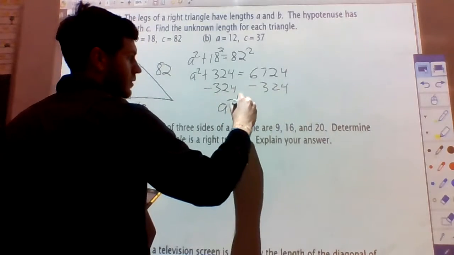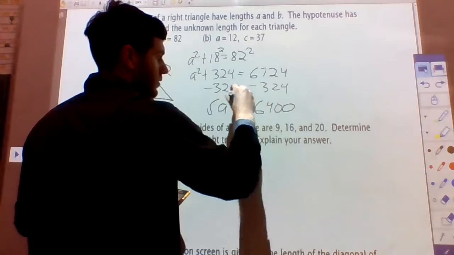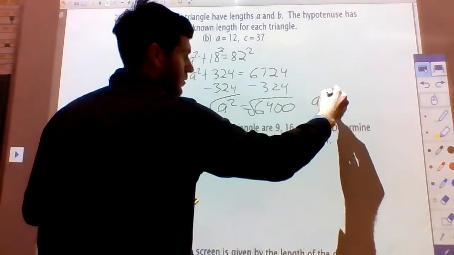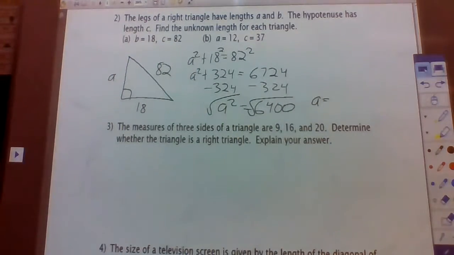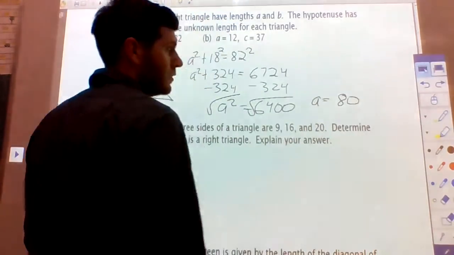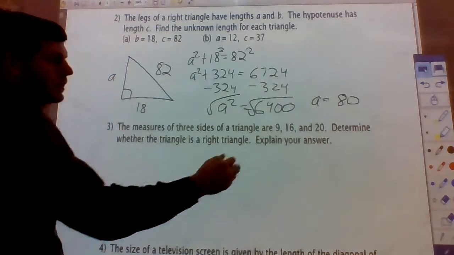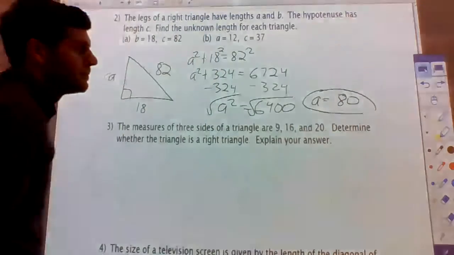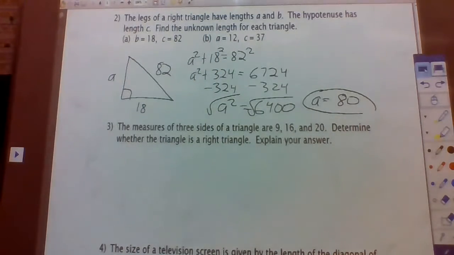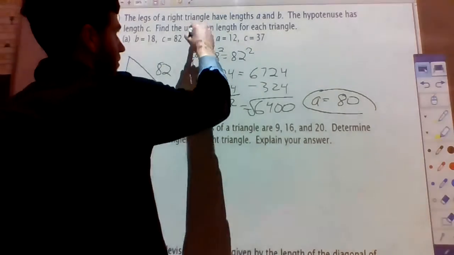It's going to give us a squared equals 6,400. Take the square root of both sides, we get a equals square root 6,400 is 80. So again, it's plus or minus 80, but we can't have a negative side length, so we know it's going to be positive 80. Positive 80. Part B, we have another triangle. So this is all part A.